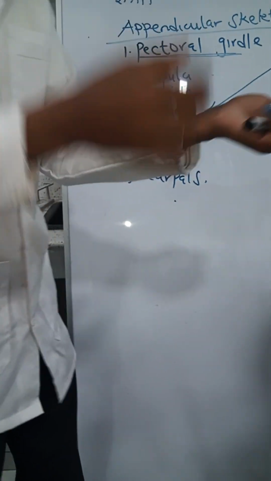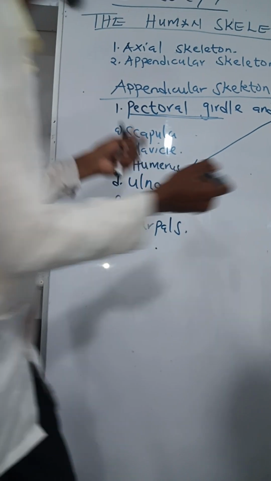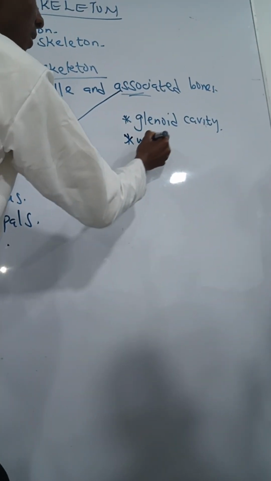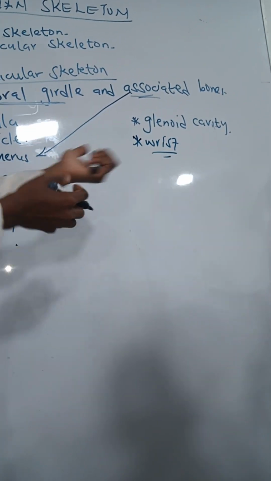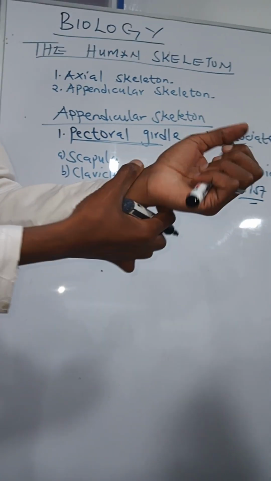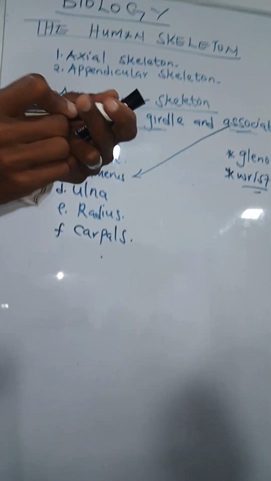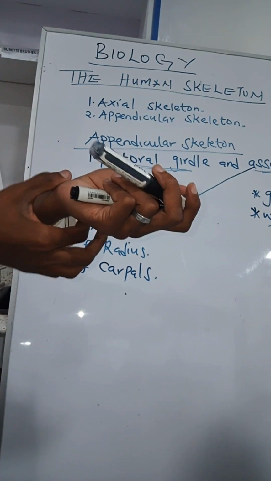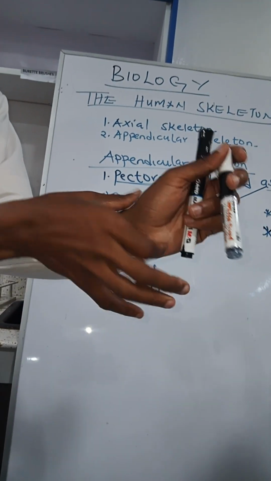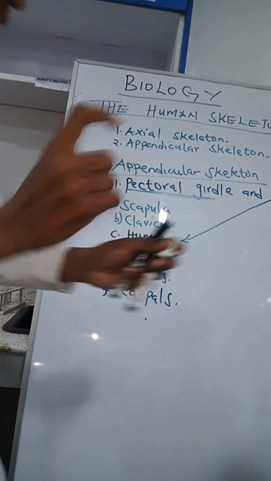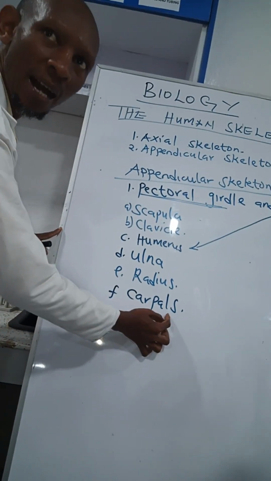The wrist region. Are you getting? I'm talking about the wrist region, where you normally wear a cosmetic by the name wrist watch. That's why the wrist watch is called so, because it is worn where? On the wrist region. So the bones which are found there, they are called carpals.